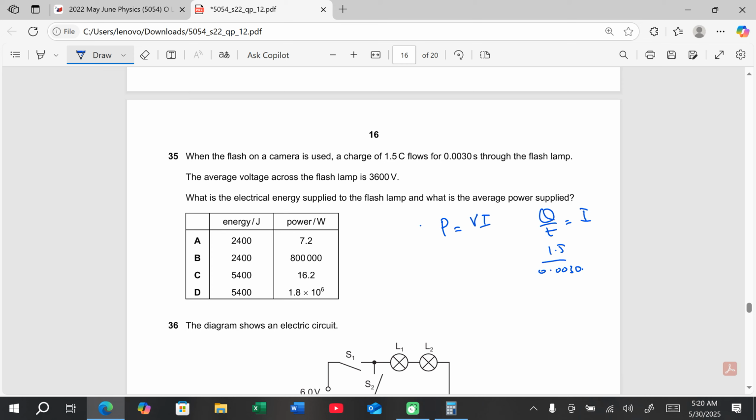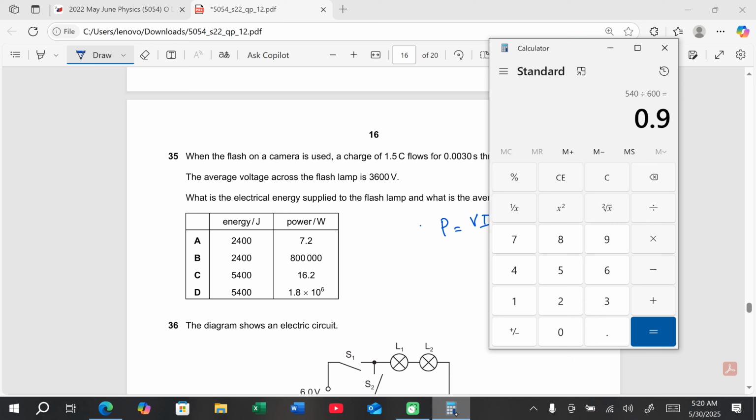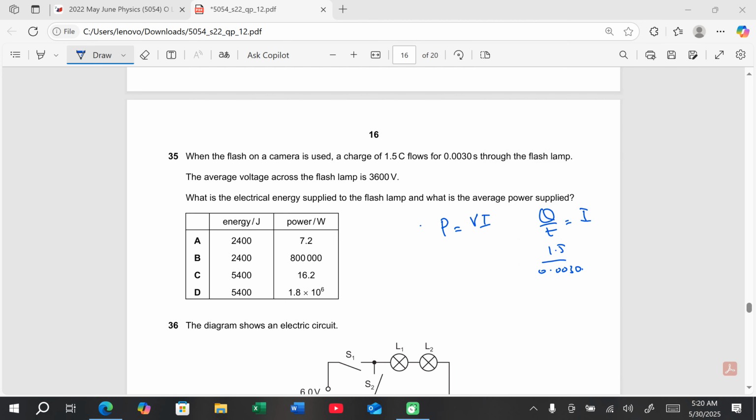So let's see what our calculator gives us. 1.5 divided by 0.003, so that's 500. So voltage is given 3600 times 500, that is going to give you the power. Just 1 minute. Where's the calculator gone?